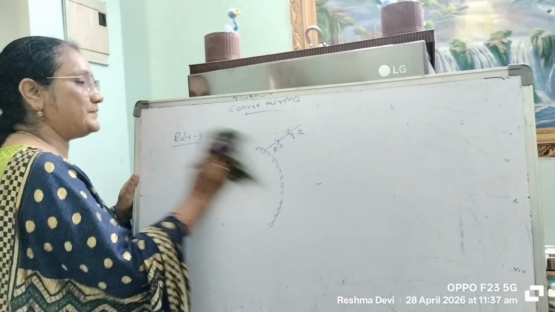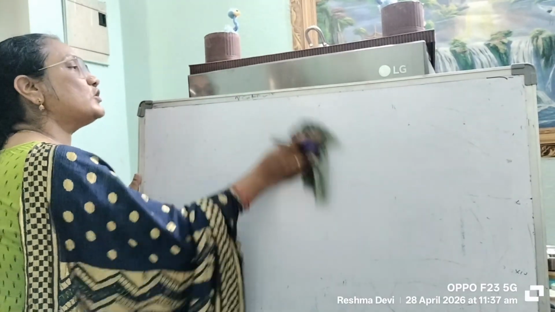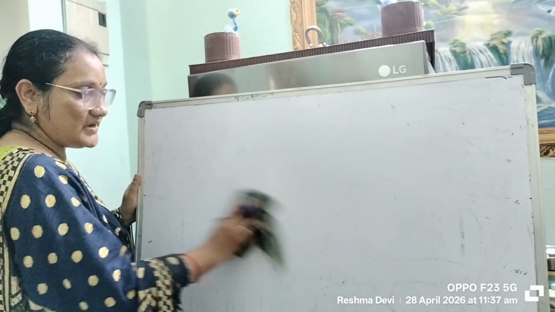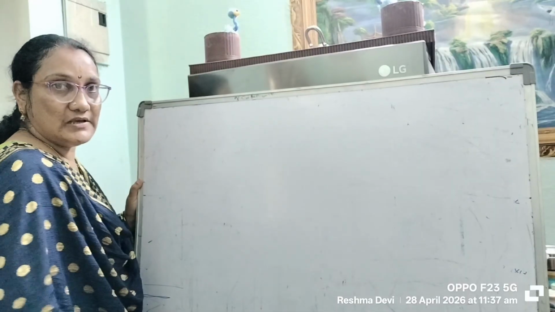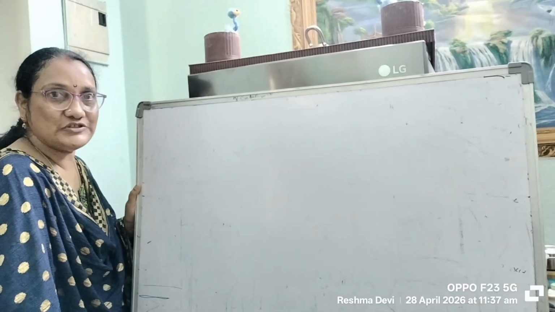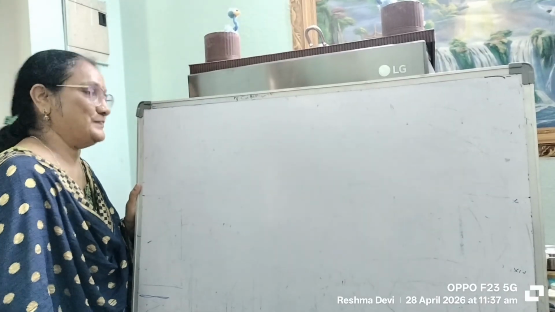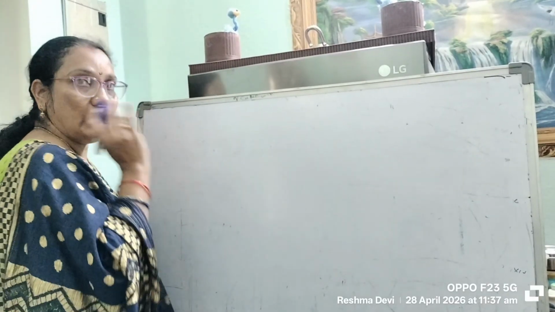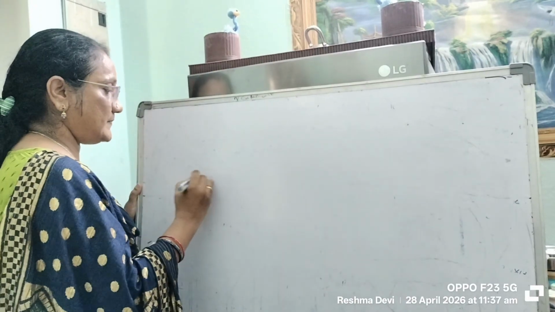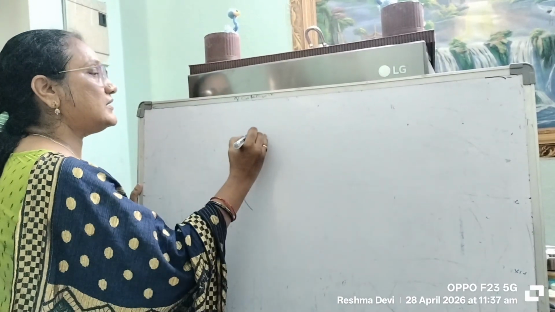Now let us see how the questions will be asked. In tomorrow's video, I will prepare some PPTs and questions. Just go through those questions and try to answer them. Now see how the questioning will be asked. You have to identify the mirror.